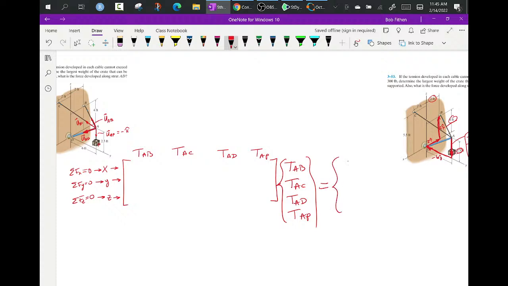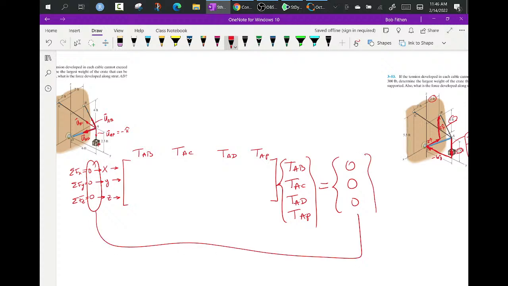Now, here's your 0. So if you got 0, some of the forces equal 0. Those sit right there. Now I'm going to start populating as I find the vectors.